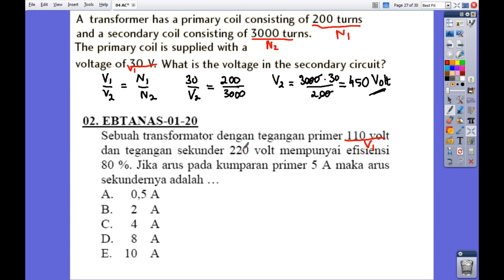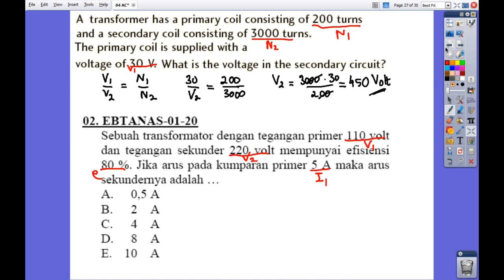So let's say this is V1 and this is V2, and then as you can see here, the efficiency is 80%. So in primary coil there is a current of 5 ampere. What is the current in secondary?